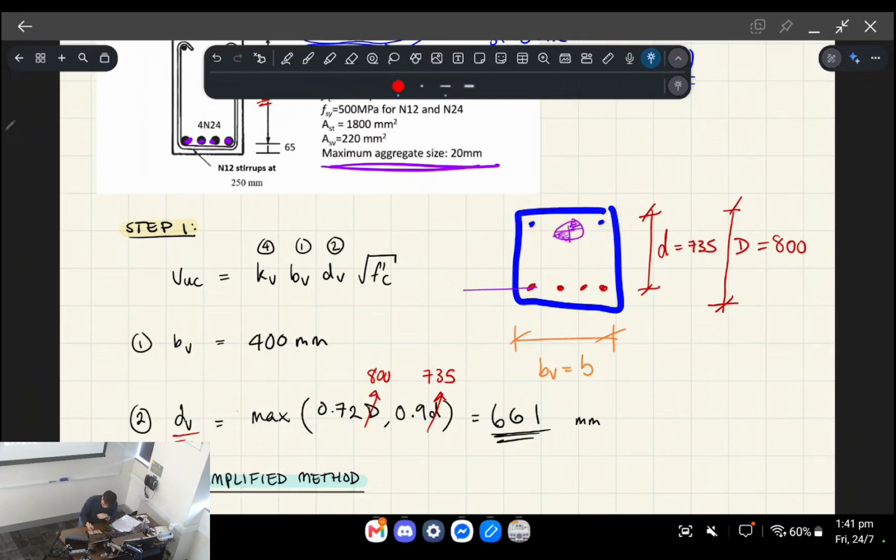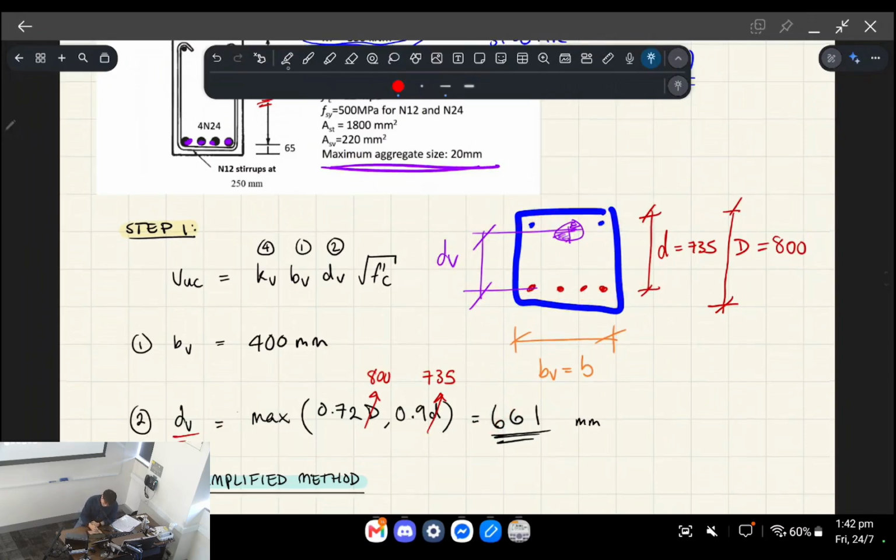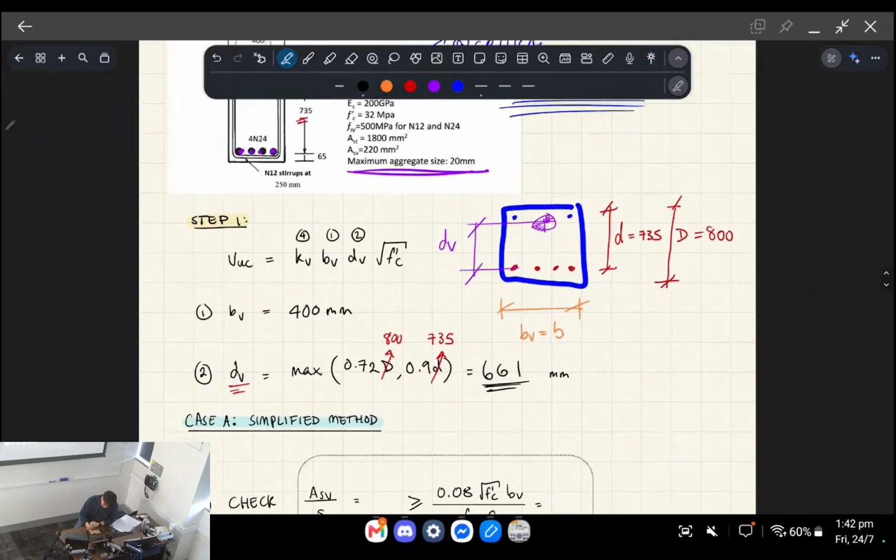That's just the center of it. And from the center of that to your steel, that's dV. That's your internal lever arm for your moment couple. This is just an empirical formula, so it makes it a lot easier than doing some weird force equilibrium, moment equilibrium stuff. Okay, cool.